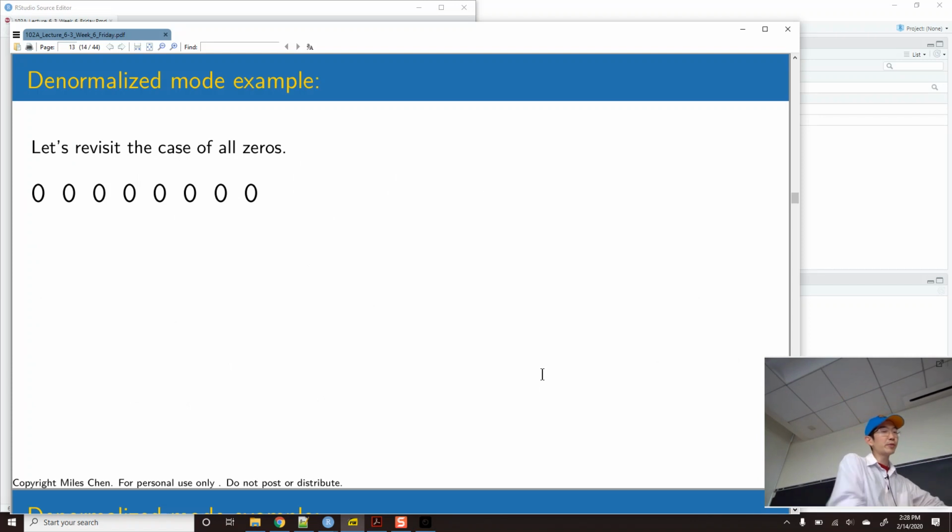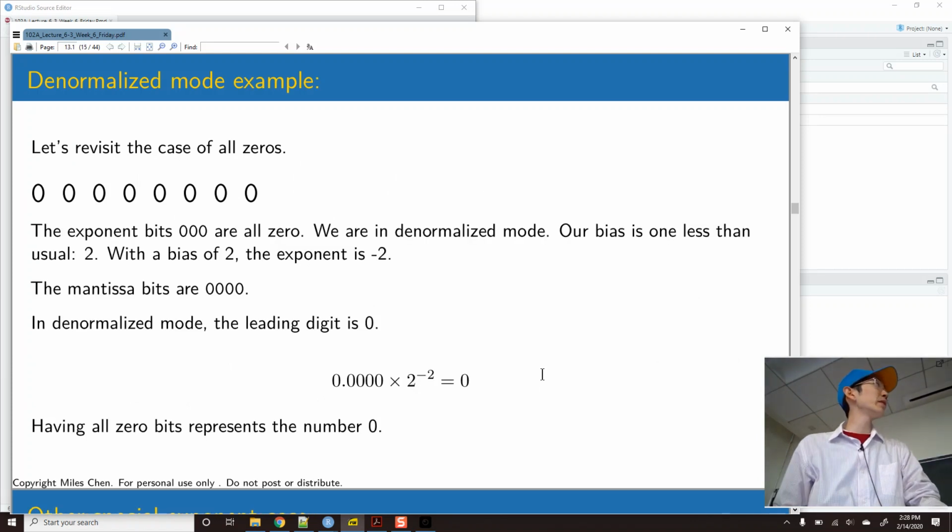So if we revisit this case of all zeros, then the exponent bits are all 0, but we are in denormalized mode. Our bias is 1 less than usual, so we're going to have 2, and with a bias of 2, the exponent is going to be -2. The mantissa bits are all 0. The leading digit is 0 in denormalized mode.